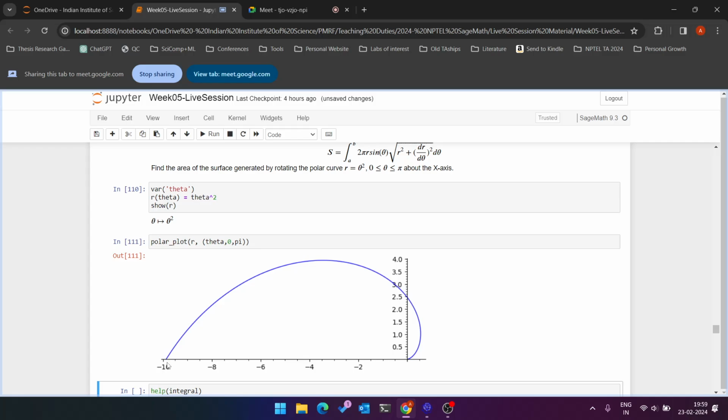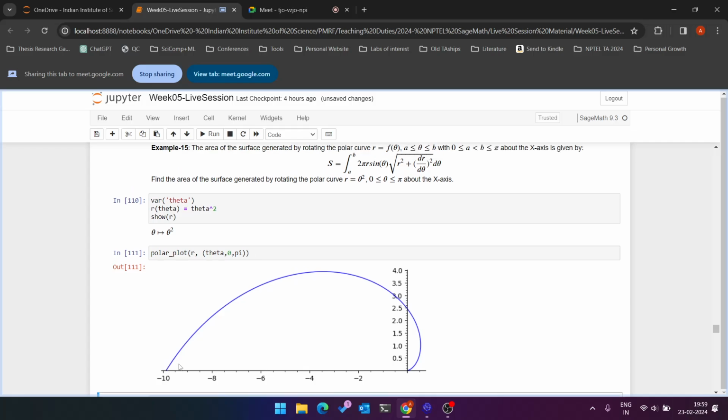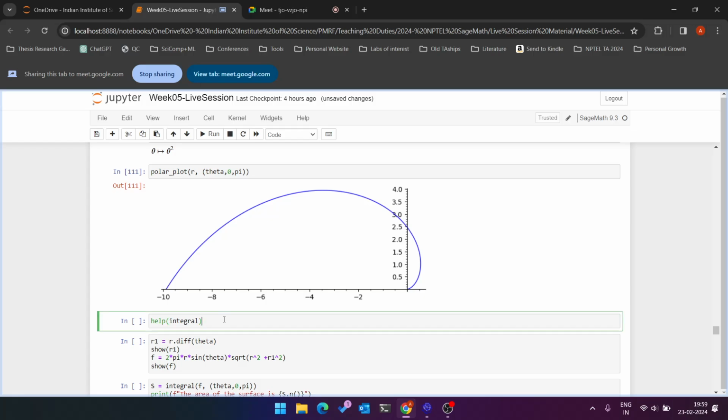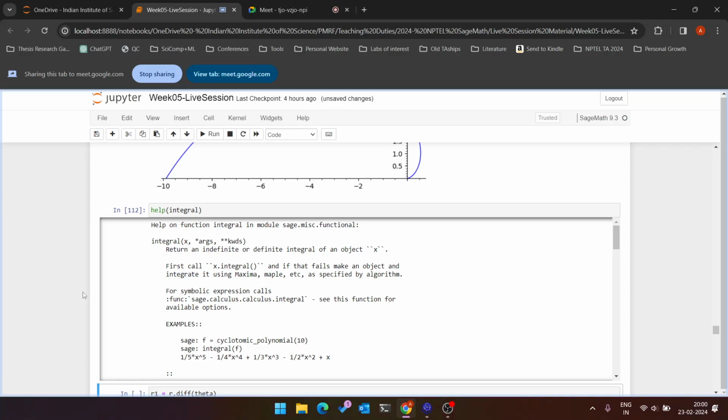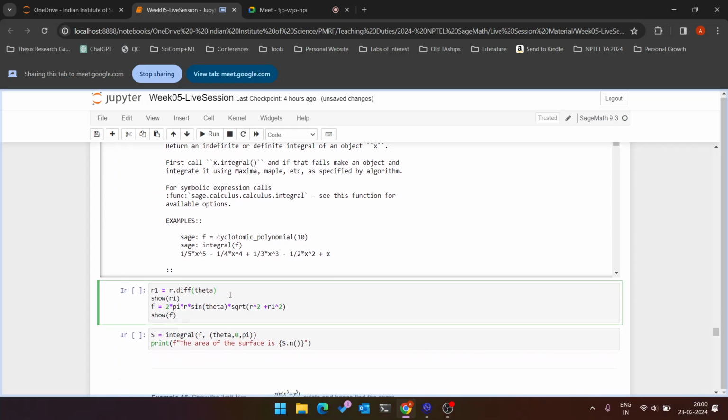And now we wish to calculate an integral over theta. So before that, we want to calculate the derivative of r with respect to theta. So dr by d theta, that is basically given by our variable r1.